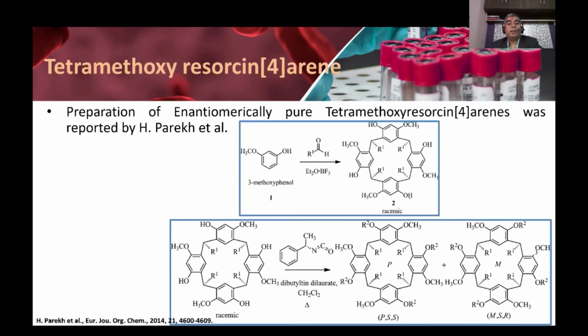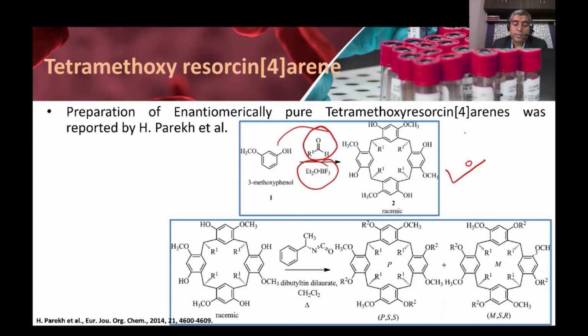The next is tetramethoxyresorcin[4]arene. This is a chiral molecule. Preparation of enantiomerically pure tetramethoxyresorcin[4]arene was reported by our research group. 3-methoxyphenol condenses with this aldehyde under acidic conditions, with BF3 etherate. Then we get a racemic mixture of tetramethoxyresorcin[4]arene.